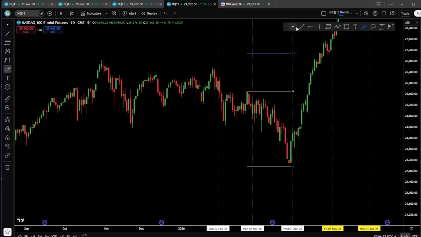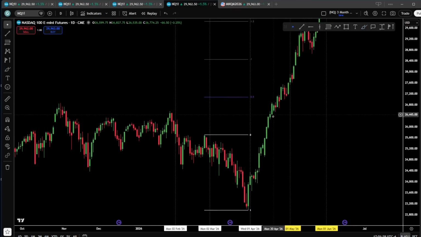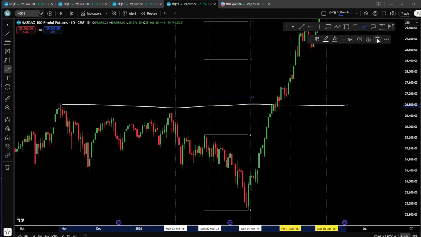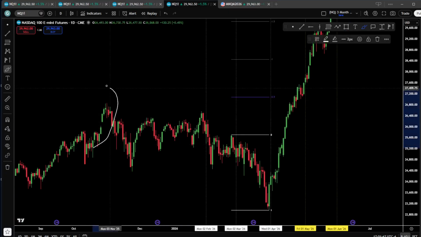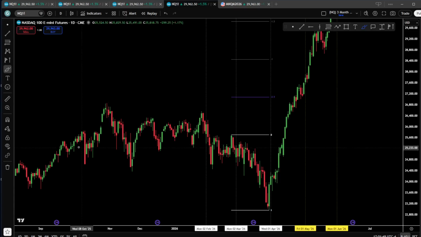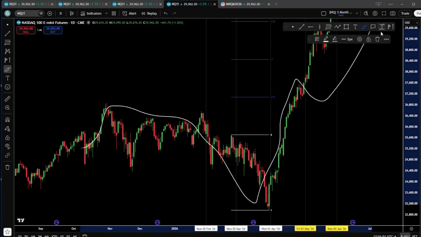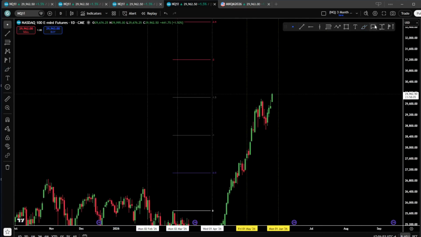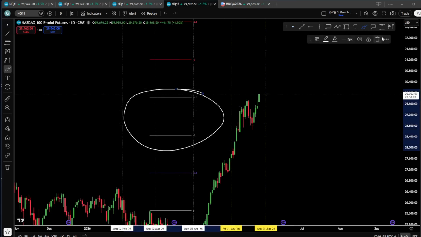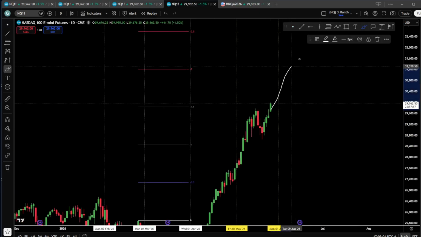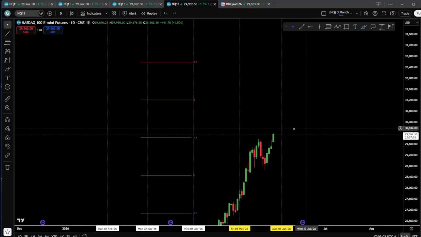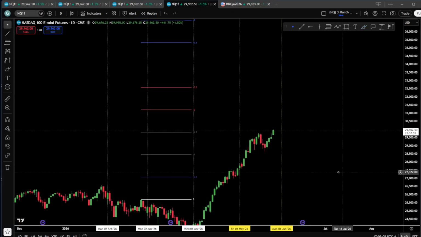You can see market comes to 0.5, reaccumulates around the range of a higher time frame mitigation block. This is also a lower time frame breaker here, a high that leads to the lows. And eventually expands into -1 to 1.5, sees a phase of reaccumulation, and at the moment we're seeing an expansion, a continuation towards -2 to 2.5.